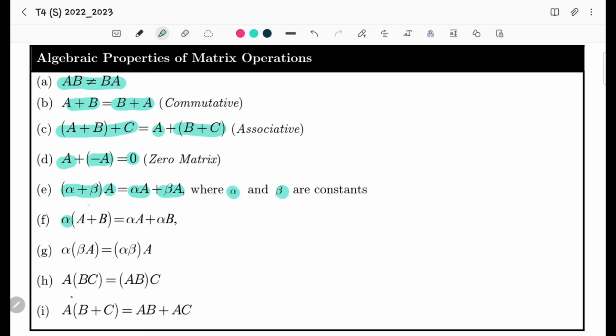And then alpha times A plus B is just equal to alpha A plus alpha B. Alpha times beta A is equal to alpha beta times A. Matrix A times matrix BC is just equal to the product of matrix AB times matrix C. And then matrix A times matrix B plus C is equal to matrix A times matrix B plus matrix A times matrix C.